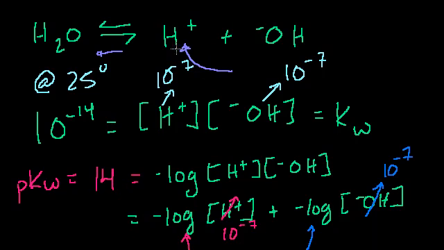But remember, water by itself only had a 10 to the minus 7 concentration. That was 1/10,000,000th of a mole per liter. Now we're throwing in one. What is that? We're throwing in 10 to the 7th. We're throwing in 10 million times as much hydrogen ions into that water. So all of this stuff just gets consumed.